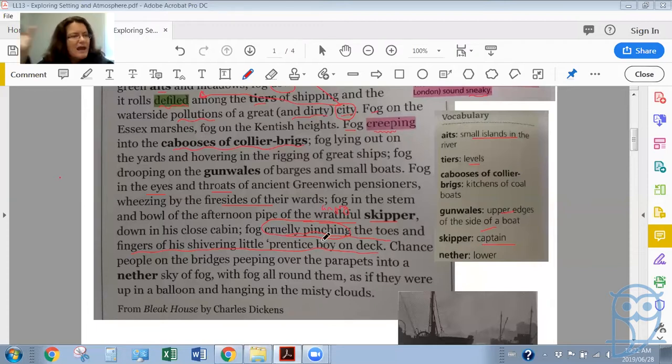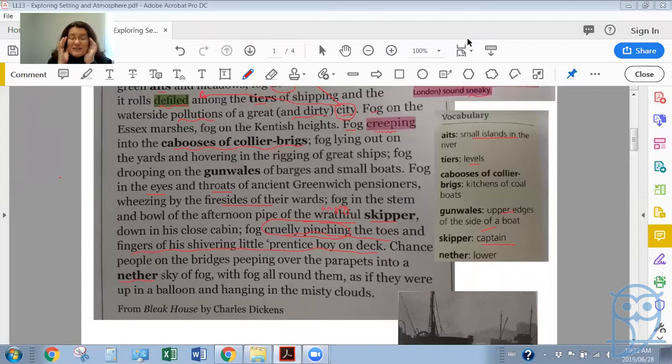Chance people, so just random people, chance people on the bridges, peeping over the parapets, the taller parts of the bridge, into a nether sky of fog. And here, nether means lower. Okay, it means a lower sky of fog. And it's interesting that they're peeping.